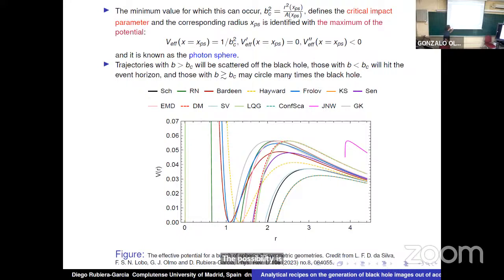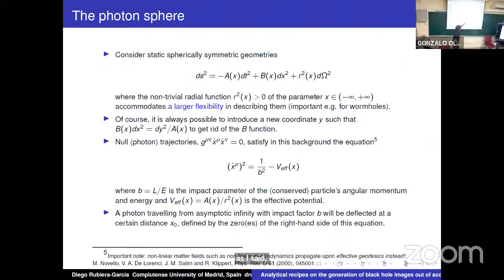Okay. The important point about this potential is the maximum, the existence of a maximum, because the maximum is called the photon sphere. Why is that? Because, as I said, for a photon that has an impact parameter below, let me see the equation. In this equation, in classical mechanics, you have the energy here.